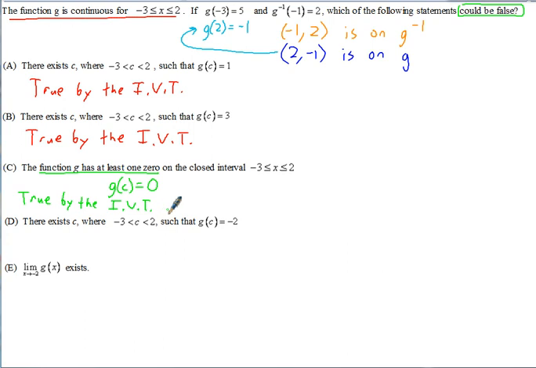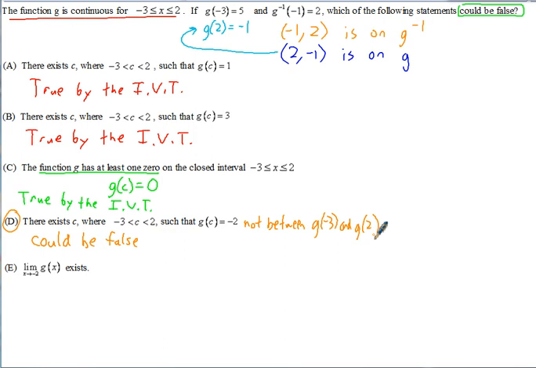There exists a c where c is between -3 and 2, so that's just g of c equals -2. Is -2 between 5 and -1? No, it is not. So this one doesn't have to be true, so this is the one that could be false. Because this is not between g of -3 and g of 2, unlike the other ones.